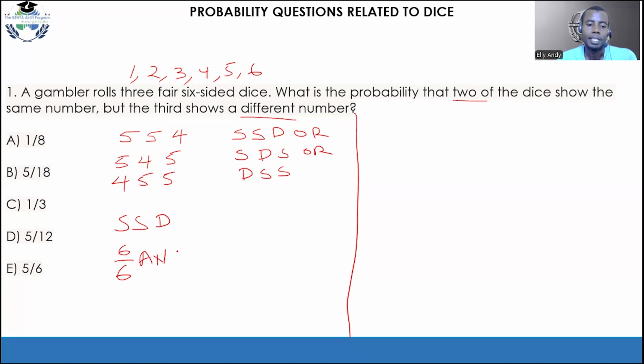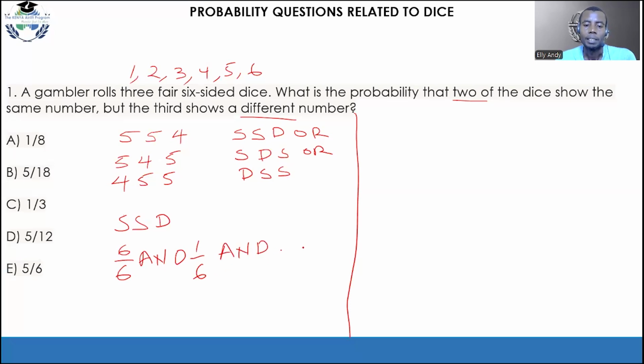But then for the second die, we are interested in the number that is similar to the one for the first die. For example, if we got a 5 in the first die, then for the second die, we also want a 5. So this one is specific. It is only one number out of all the 6 that we want.